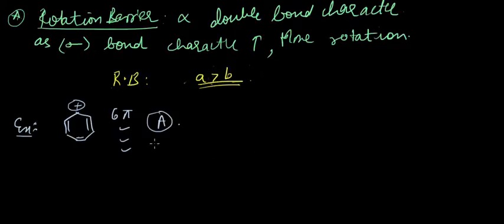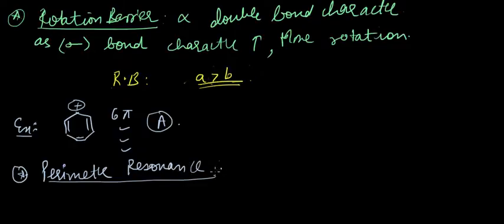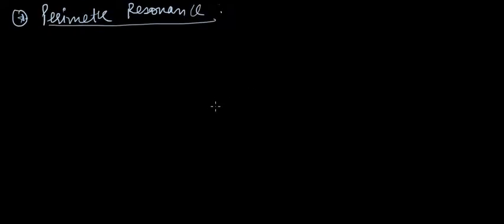So now let us talk about perimeter resonance. Okay, so perimeter resonance is, if you look into the example of naphthalene, then we would have something like this carbon coming in, this double bond coming in between these two carbon atoms.